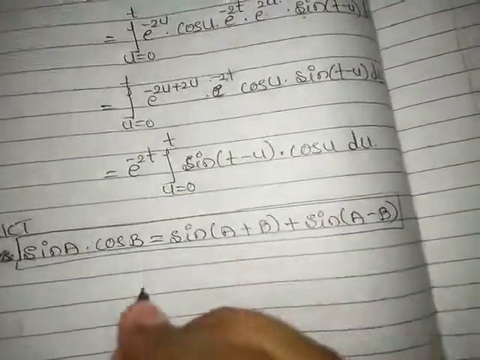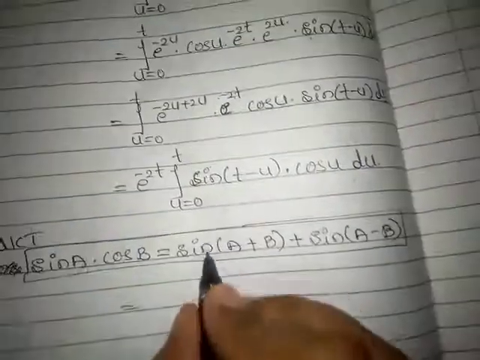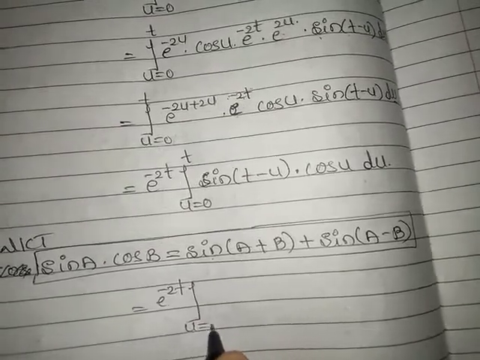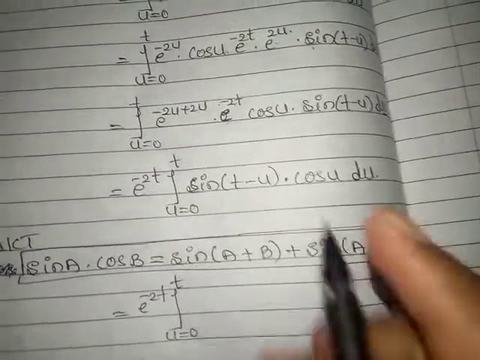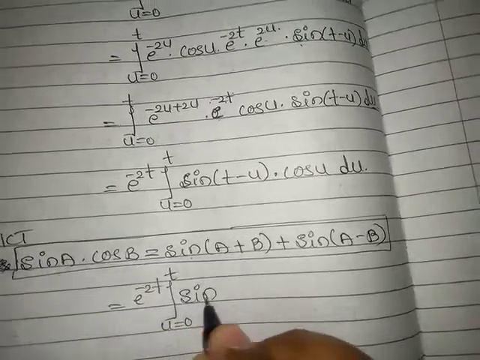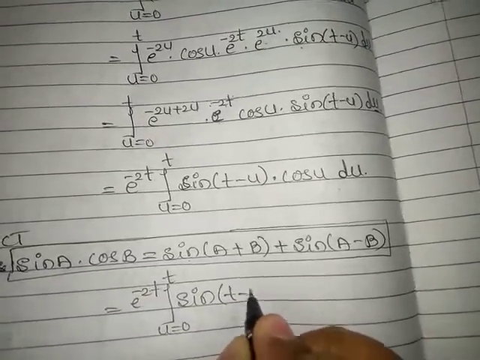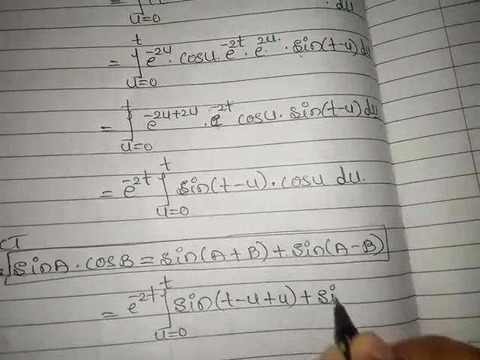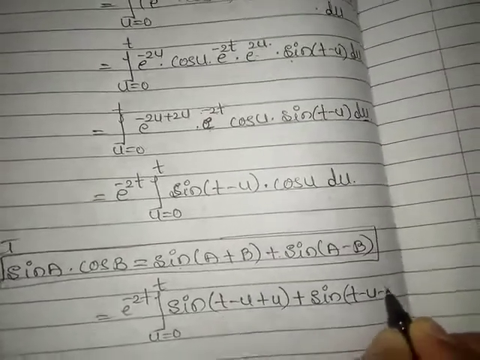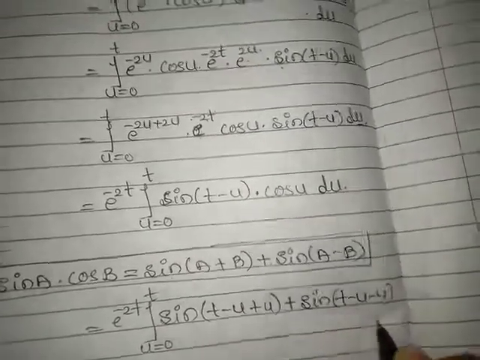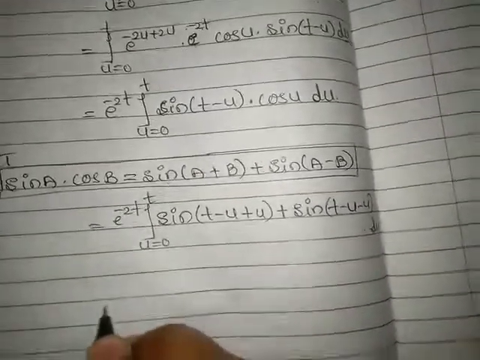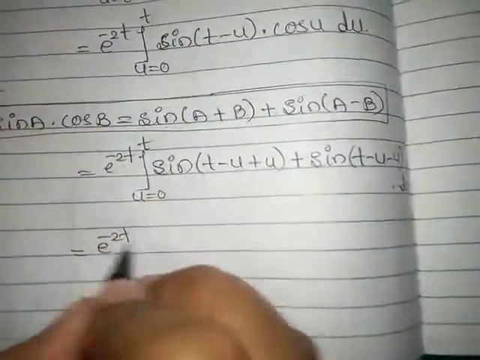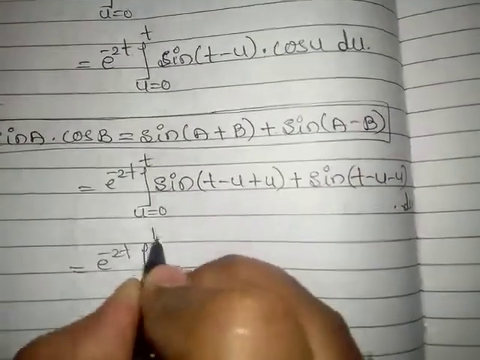Next, after using this result we get e raised to minus 2t as it is, with limits for u from 0 to t. Sin A is t minus u plus u, plus sin of t minus u minus u, into du, which is equal to e raised to minus 2t, limits from 0 to t.